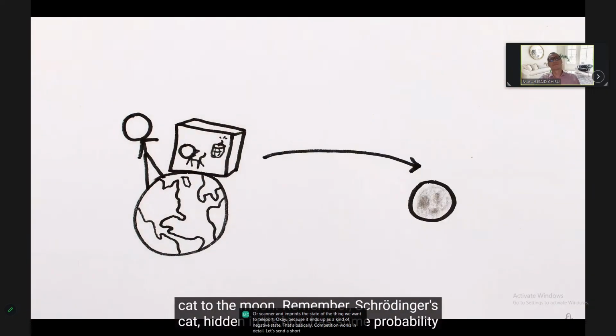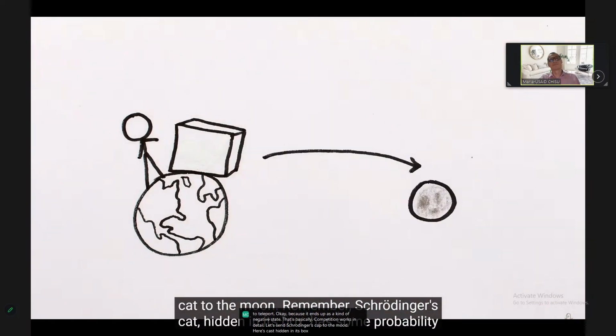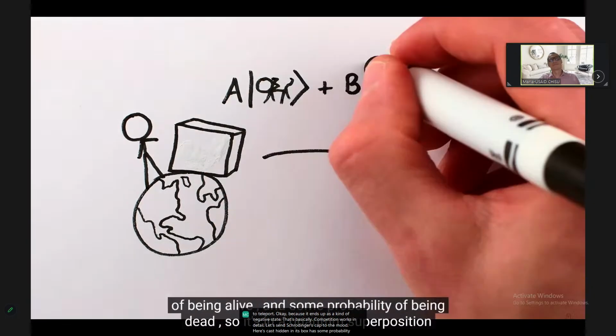Let's send Schrodinger's cat to the moon. Schrodinger's cat hit in its box. Some probability of it being dead.